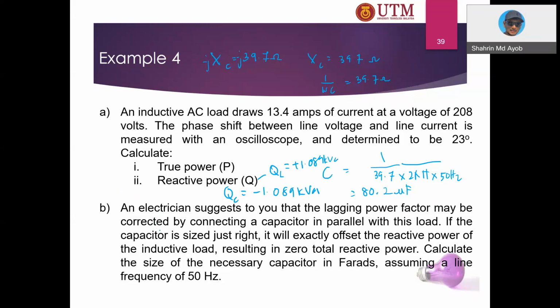So that your total Q inside the circuit is 0. When your Q is 0, you have only P. P is, I think, 2.5 kilowatt if not mistaken, and the Q inside the circuit right now is 0.